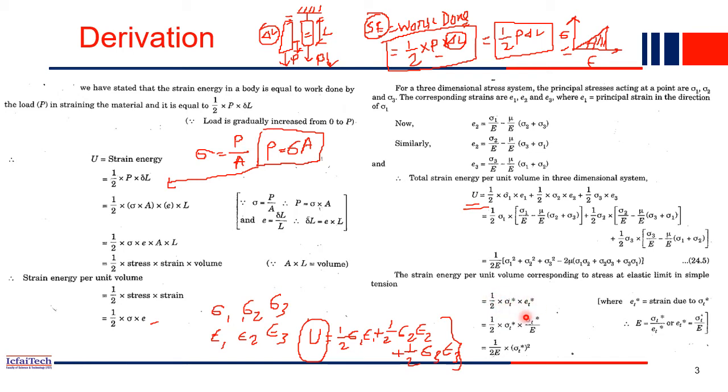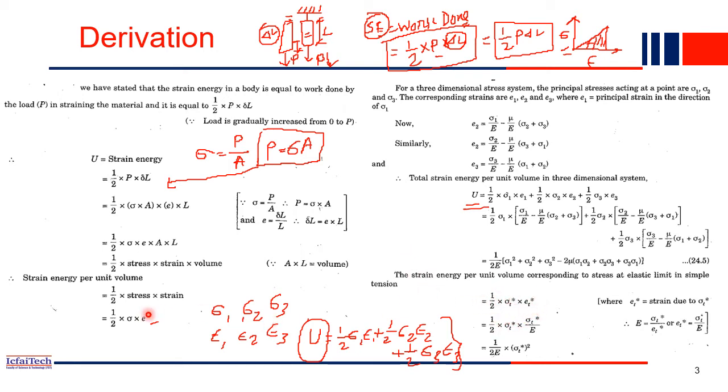What is sigma t star and epsilon t star? For example, this material is made up of steel. If this material is made up of Fe415 grade of steel, then the stress of this material is 415 Newton per mm square. So in that case, the total strain energy this material can take will be half into yield stress into yield strain.